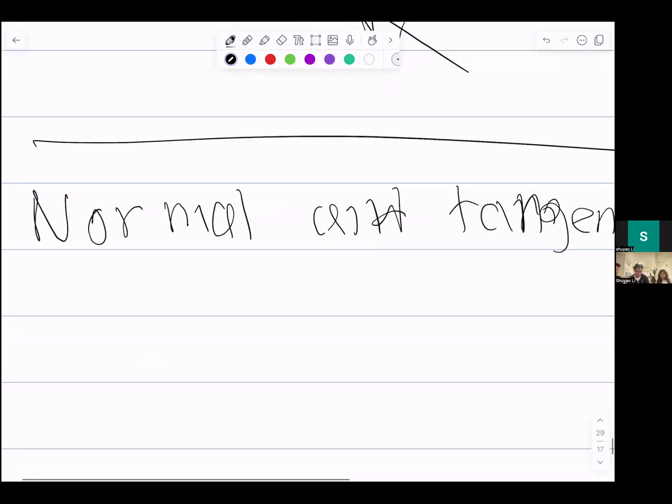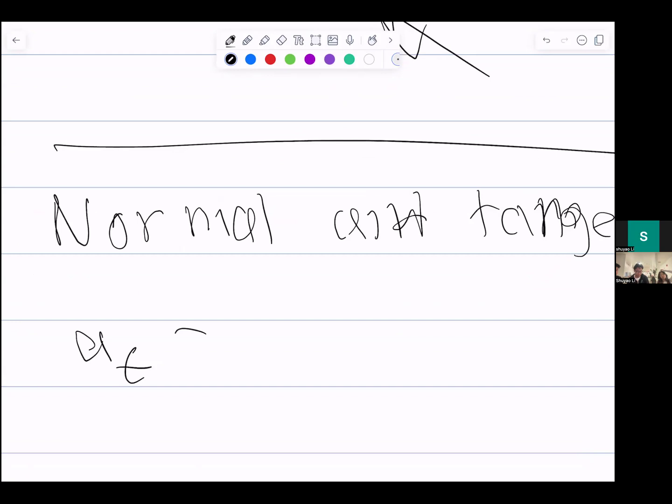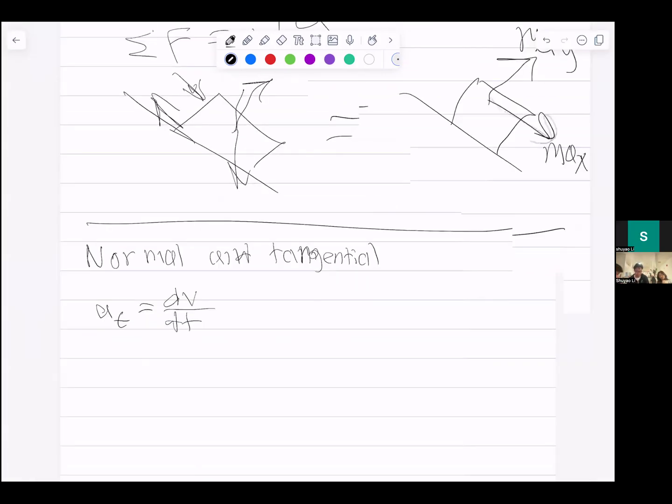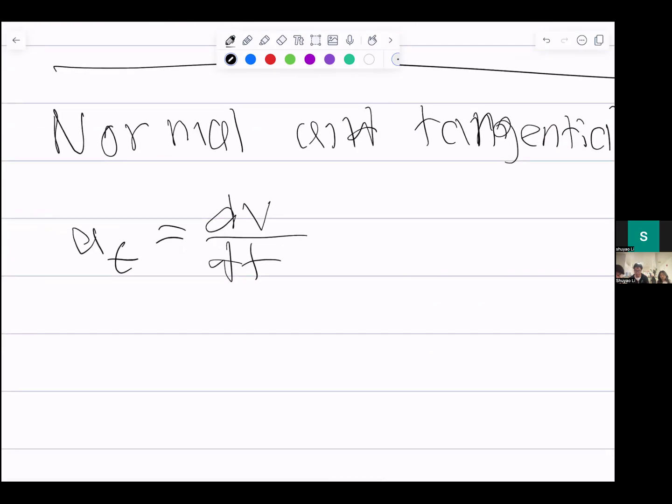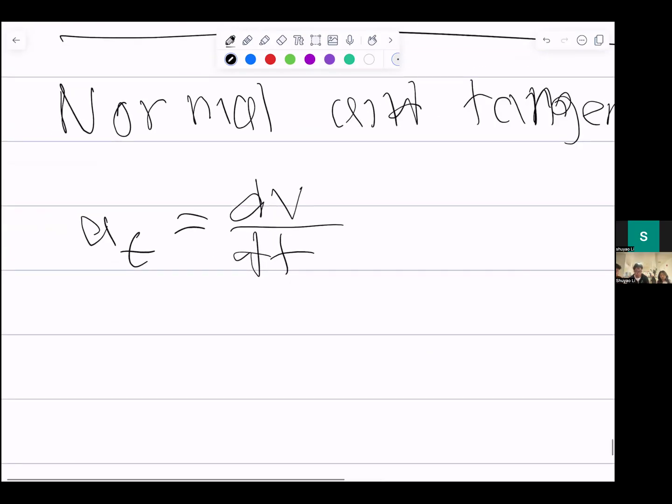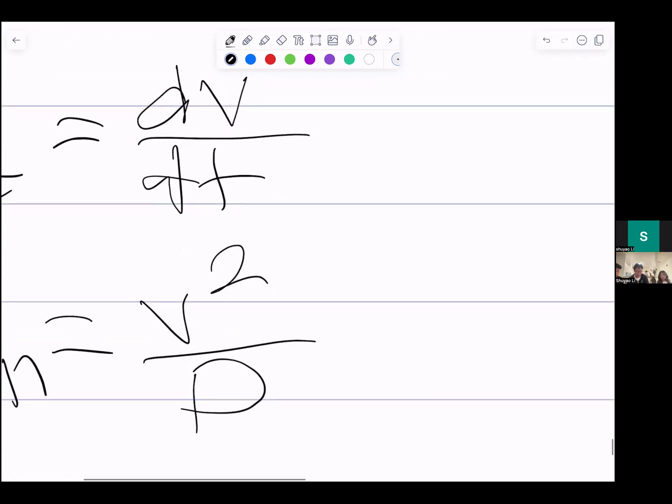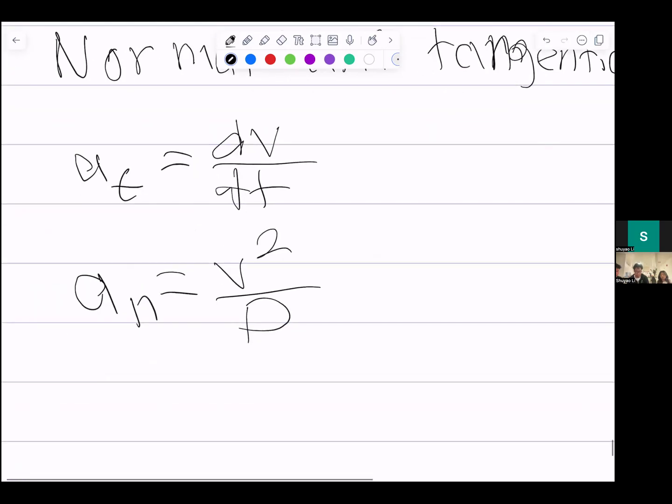So for tangential, it would be dv over dt. And for normal, it would be v squared over the radius of curvature.